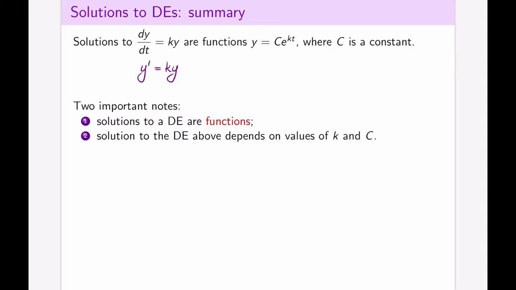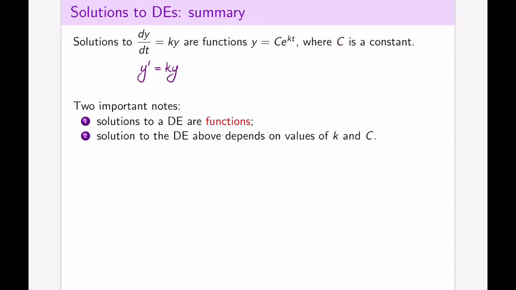What the result is saying is that the solutions to this equation are exactly the exponential functions, where k appears as the constant in the actual exponential, and this number c up in the front, being just a constant, can be just about anything at all.